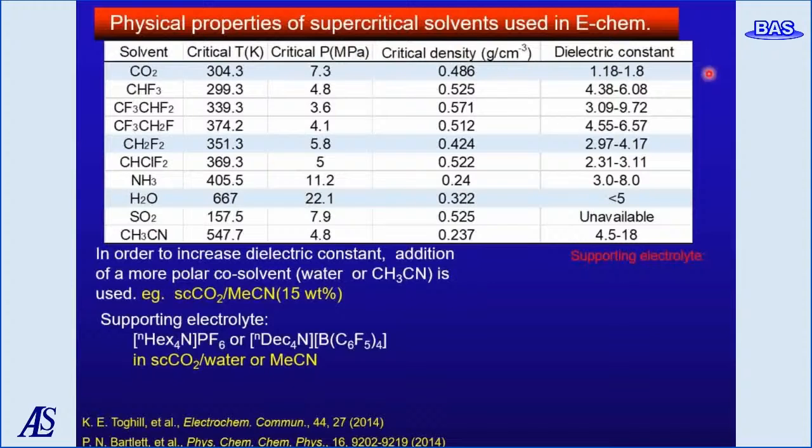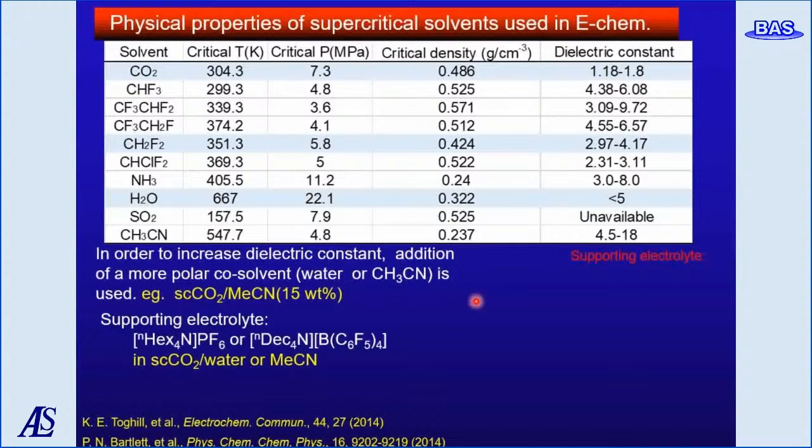Supercritical carbon dioxide, which is commonly used, has a low dielectric constant and a large IR drop in potential application. Therefore, it has been reported that adding water or acetonitrile to the supercritical carbon dioxide, which makes it a suspension, improves the potential response.